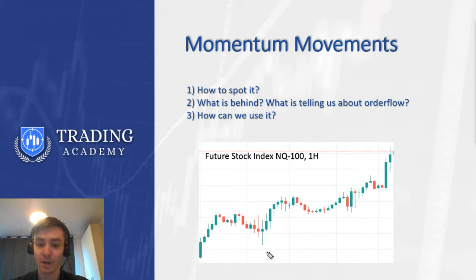Usually beginners are trading hammer or shooting star, or single candle patterns, but they do not pay attention to the overall order flow. And this is, let's say, the main lesson you should take from this webinar, and definitely take a note. So I just told what is behind this and what it is telling us about order flow and how we can use it. Definitely, this is the movement we would like to go with.